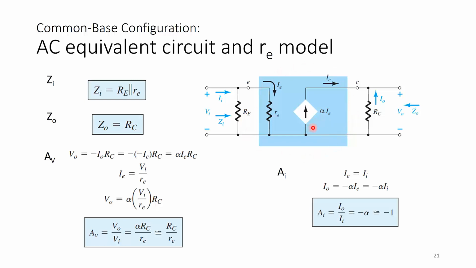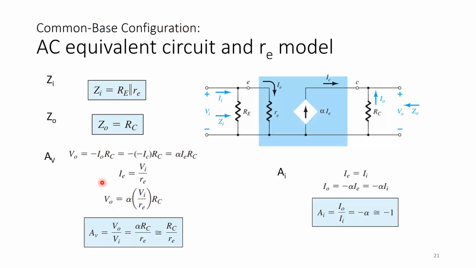Please refer to the slides under the subtopic of AC model. Zin is a simple equivalent resistance of the emitter resistor RE and the small signal model parameter re, and Zout is equal to RC.